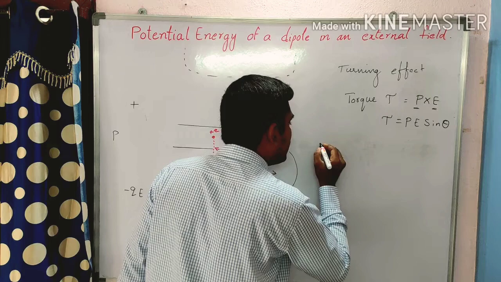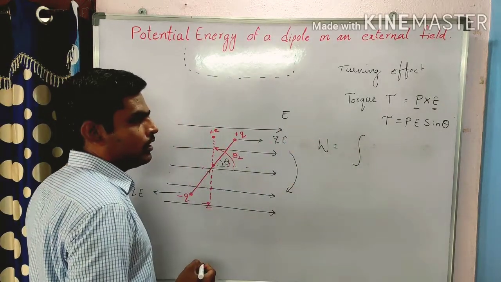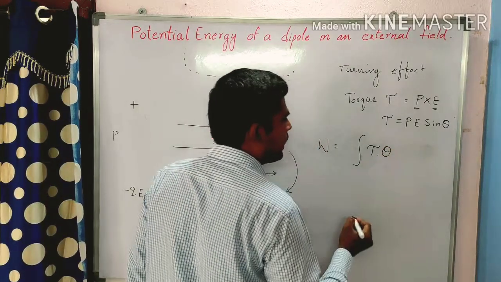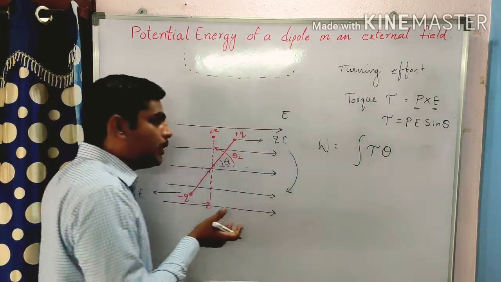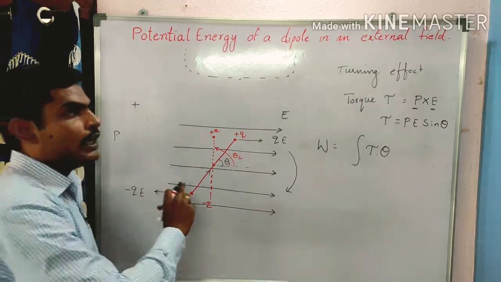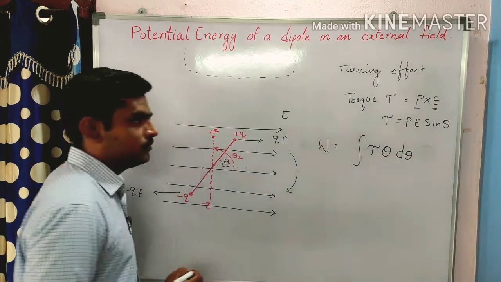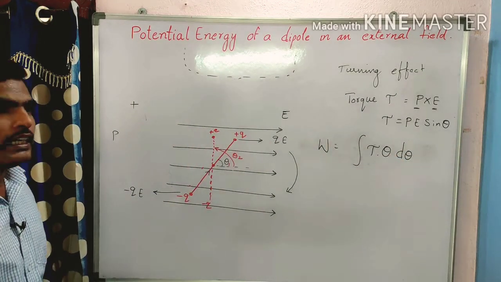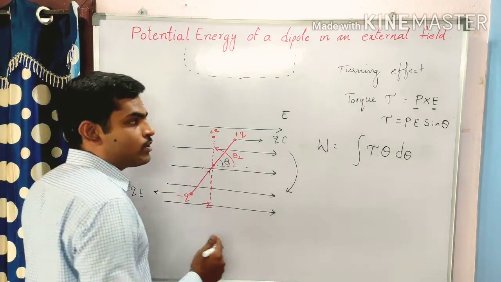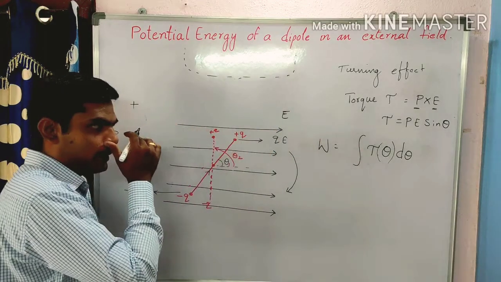So I am going to take work done is equal to integration of tau theta. With respect to what I have to integrate now? Angle is variable, so I have to integrate the angle d theta. So integrating with respect to d theta here.